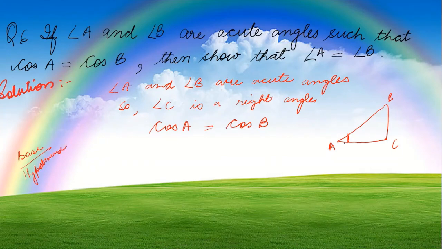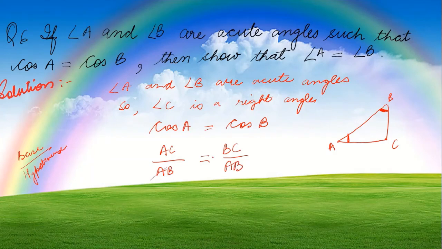So base is AC and hypotenuse is AB. And for this angle B, now this time for B, the base is BC and hypotenuse is AB.